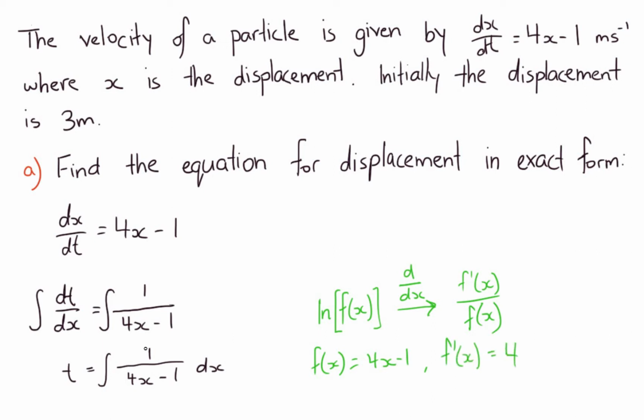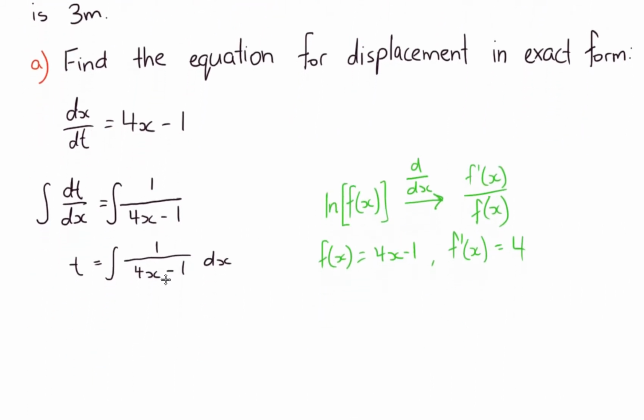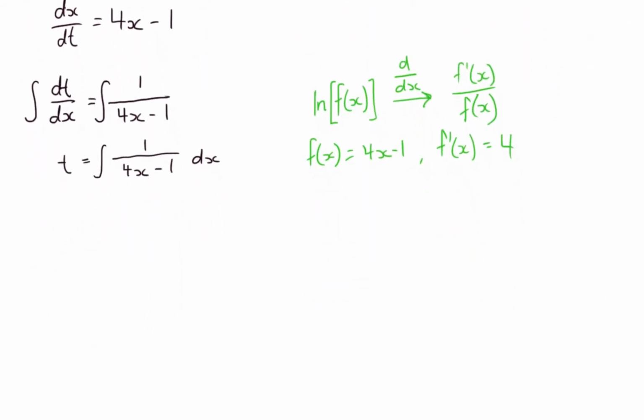So preferably that's what we would like to see here. We would like to see a 4. So let's set it up that way. We'll rewrite this, putting 4 on the top and our 4x minus 1 on the bottom. However, this has completely changed the question, and we can't do that, so we need to compensate. So we'll put a 1/4 out the front. Now that we have it in the form we like, we can integrate.